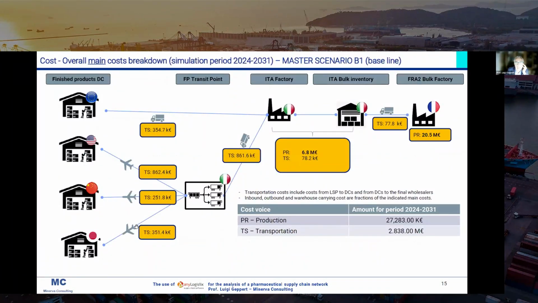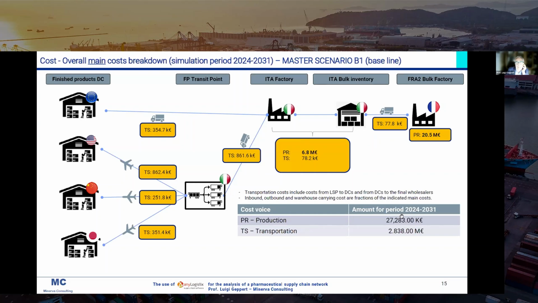As you see in these slides, the transportation cost is not particularly significant in terms of weight in the profit and loss sheet. Instead, the production cost, particularly the production cost of the bulk, is much more expensive.